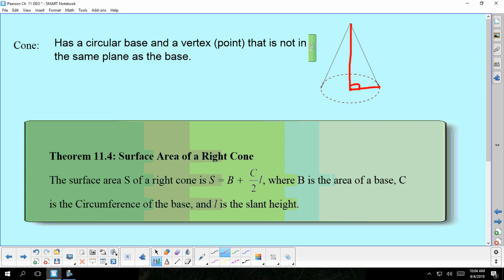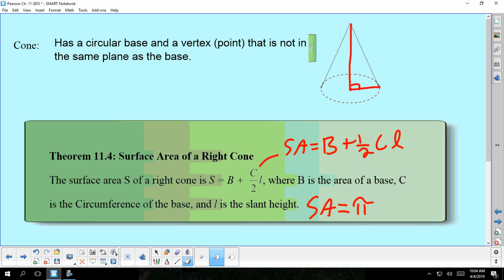So the surface area formula for a right cone, very similar, but instead of 1/2 perimeter, we can rewrite this as the big base plus 1/2 the circumference times the slant height. So the same exact formula, and we can take this one step further like we did before. Since this is a circle, we have pi r squared. That's the area of our circle.